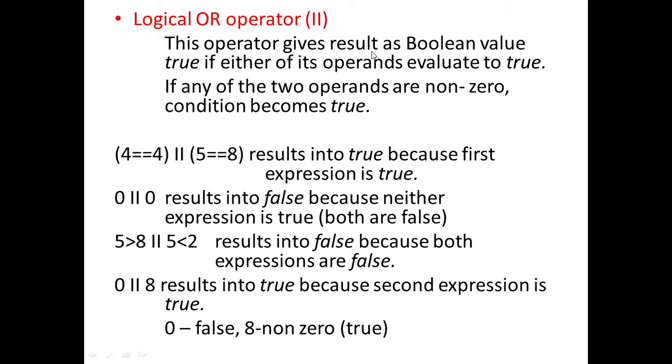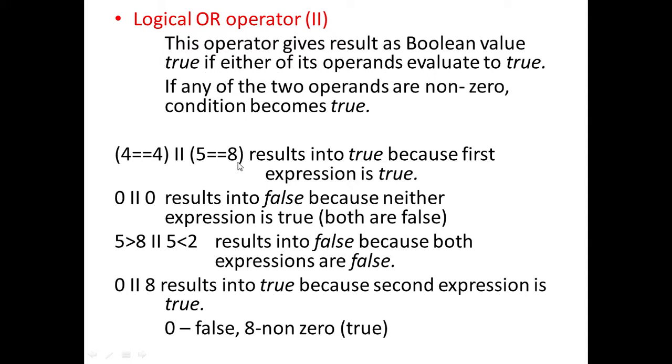Now for example here we have written 4 equal to 4. It means we are checking if 4 is equal to 4 or not. And here also we are checking 5 is equal to 8 or not. Now here we have used or. Or will give Boolean value true if any one of its operands are true.